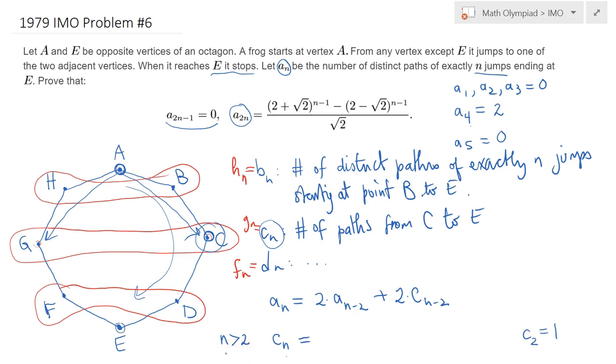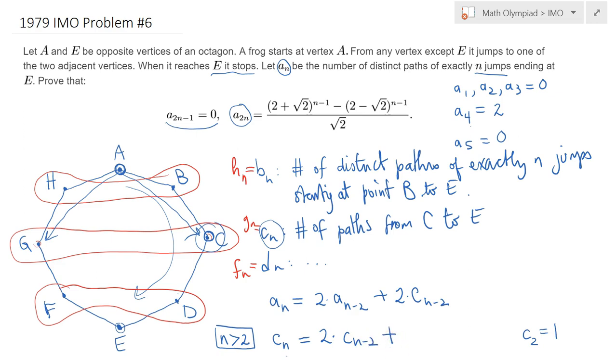That will eliminate the possibility that we will go directly from C to E. So now, starting at point C, because I don't want to directly go to E, I can either go to B and then come back to C, or go to D and come back to C. Those are equivalent, so 2 times, and because I wasted 2 of my steps, I have n minus 2 steps left, which is C sub n minus 2.